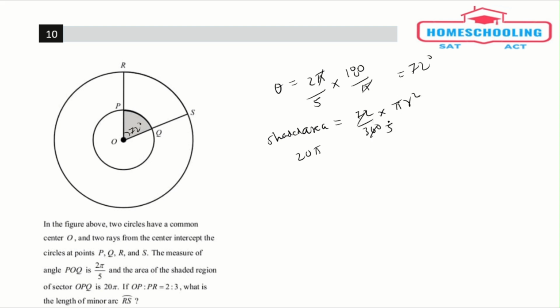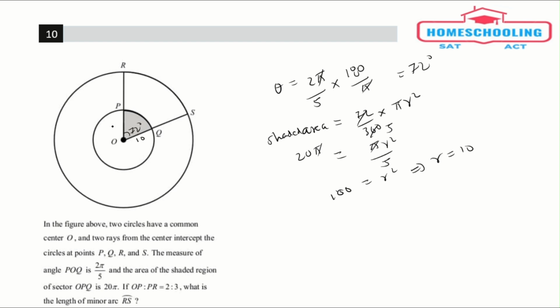That is pi r square by 5. So pi gets cancelled, 20 into 5 is 100, so r square is 100 and r is 10. So the smaller radius is 10. As we move forward, the question says OP and PR are in ratio 2 to 3.